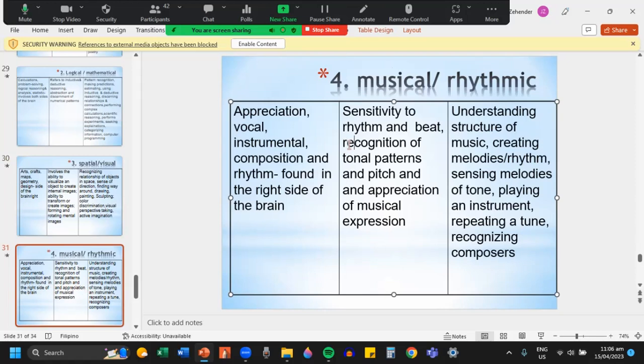So one example, if you've seen the movie Rocketman, it was based on the life of Elton John. Especially during the part when they were showing him as a young boy.